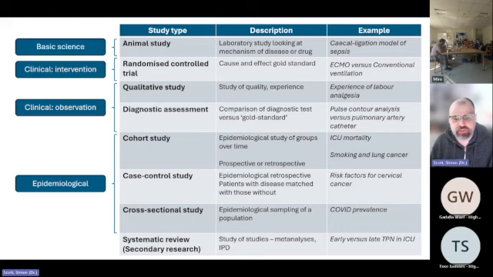So this is really just trying to give an example of what the trials are. The basic sciences ones, anything in the lab really is basic sciences. So animal studies, for example. These can be development of protocols. They can be looking at drug use in animals.